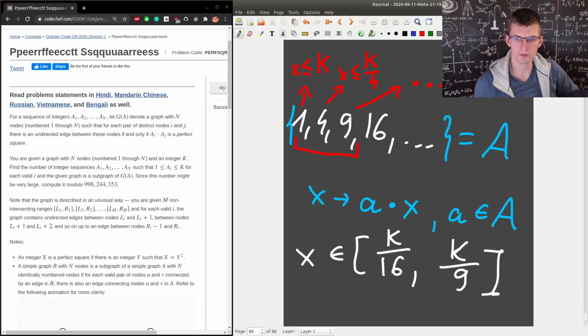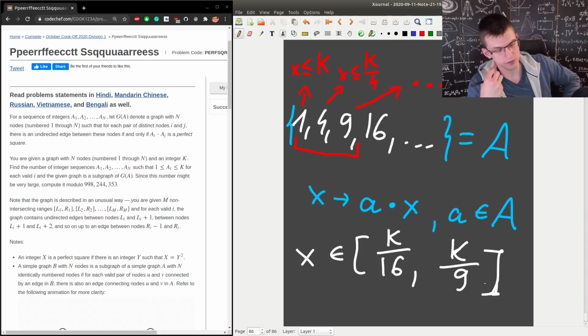I don't care now about brackets, whether it's inclusive or exclusive, but if you're in this interval, you're good with those 3 squares. And multiplying by 16 would overflow. Can I count non-perfect squares in this interval? I can count all numbers, and then I would need some inclusion-exclusion.